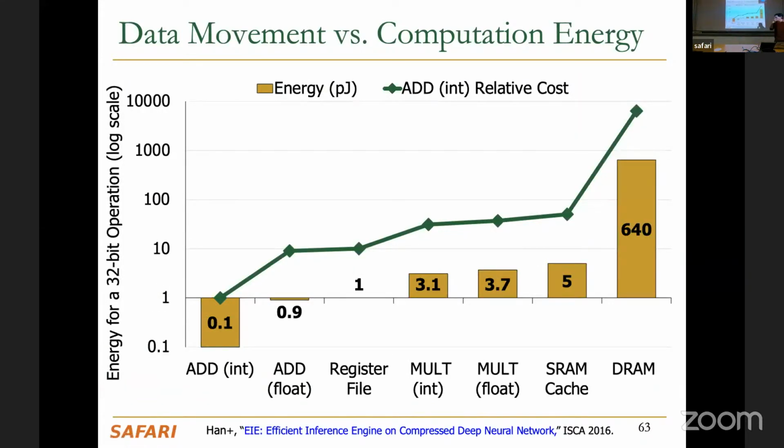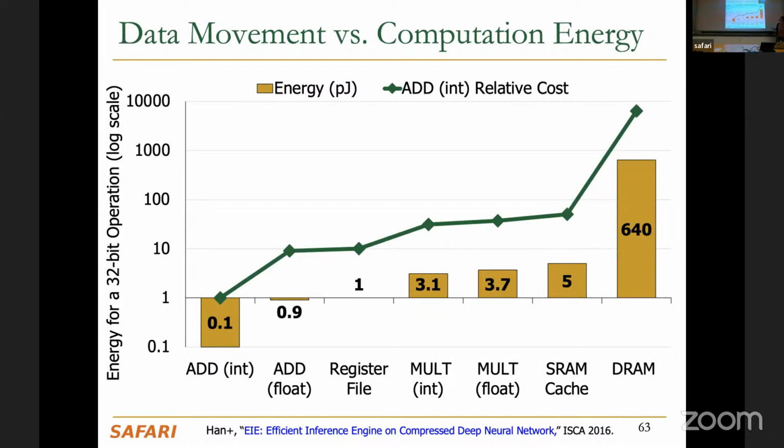And here you have more related data. This is from another paper from 2016. What you can see here is the energy for a 32-bit operation. This operation might be an integer addition, a floating point addition, an access to the register file, a multiplication, either for integers or floating point values, an SRAM cache access, and a DRAM access.